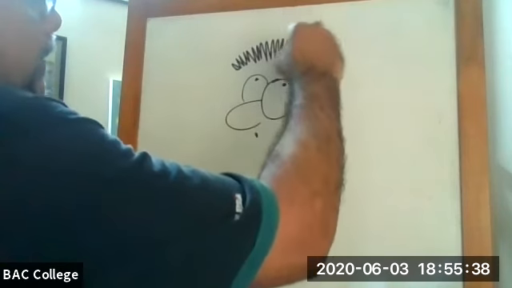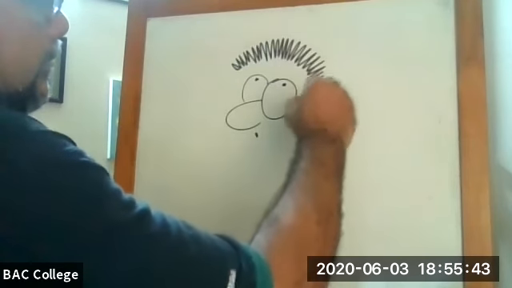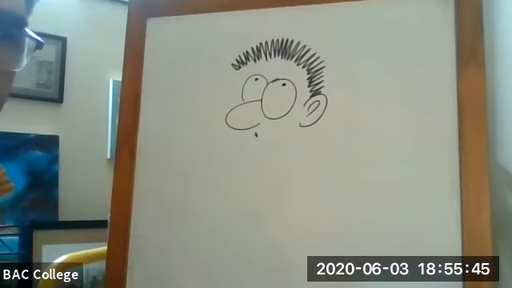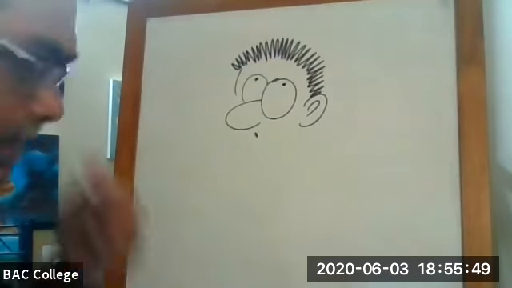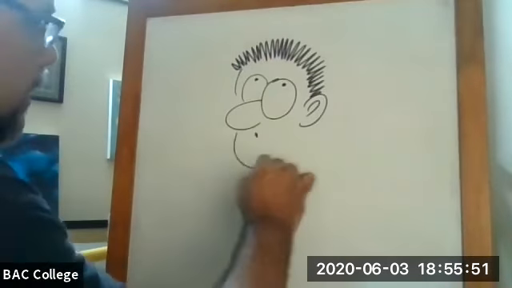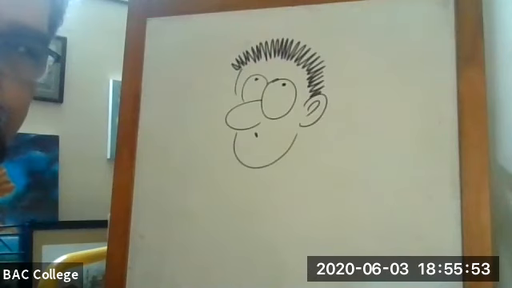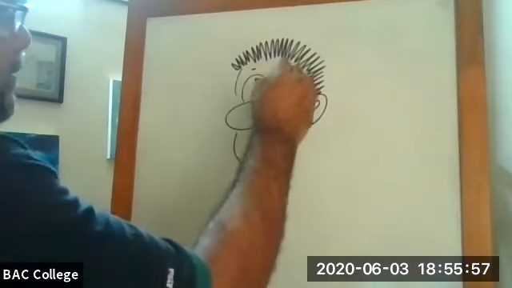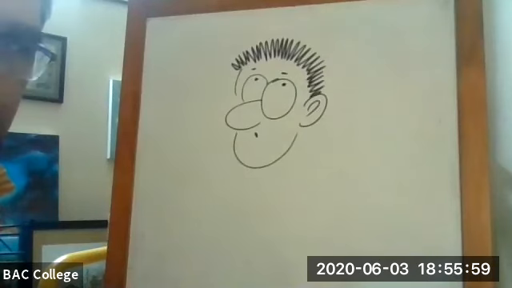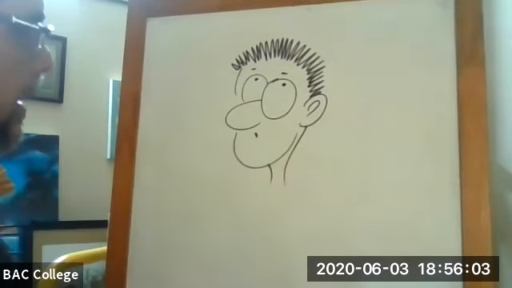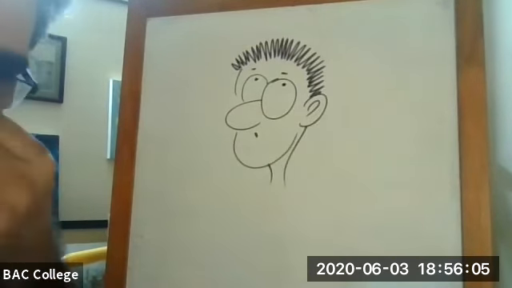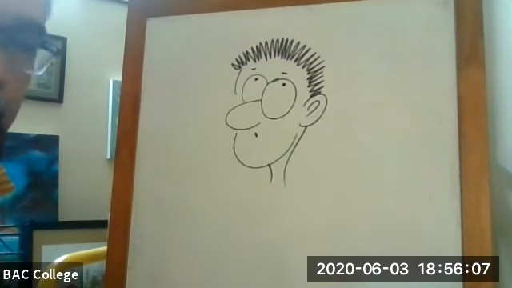And then you get the hair and ears, a line here, and a curve here. All right? Short eyebrows here and short eyebrows here. Simple? And you get the neck. Okay, so simple cartoon faces are always fun.